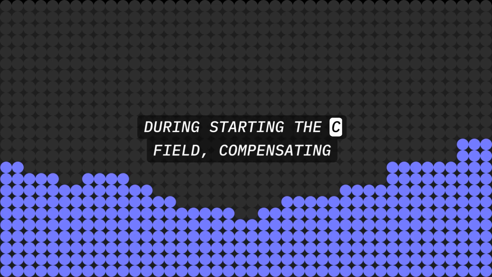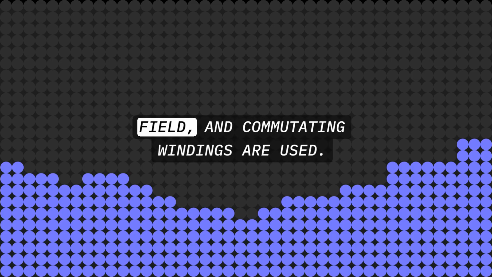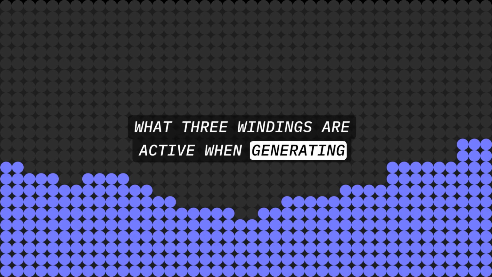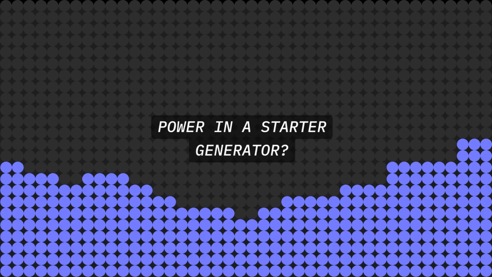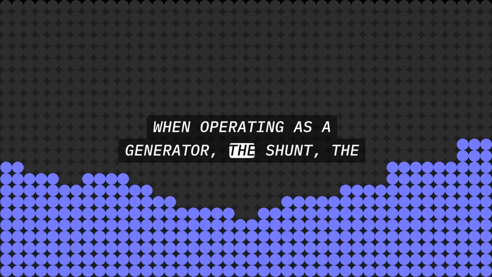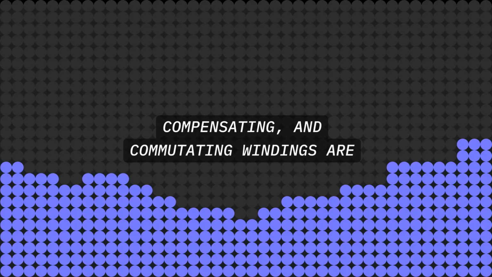During starting, the C field, compensating field, and commutating windings are used. What 3 windings are active when generating power in a starter generator? When operating as a generator, the shunt, the compensating, and commutating windings are used.